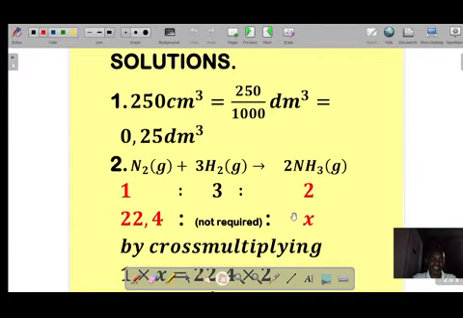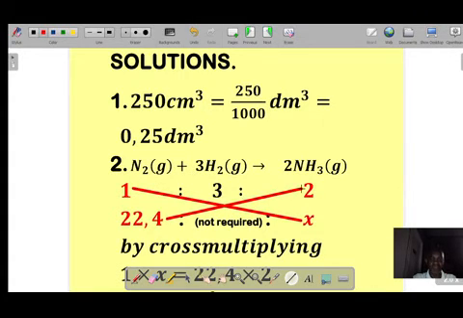So this time I'm going to cross multiply. I cross multiply this 1 times this x equals 22.4 multiplied by what? By 2. Now I'm dealing with the numbers in red. This one is for nitrogen, and I formed the 2. Then x is the volume formed for ammonia.